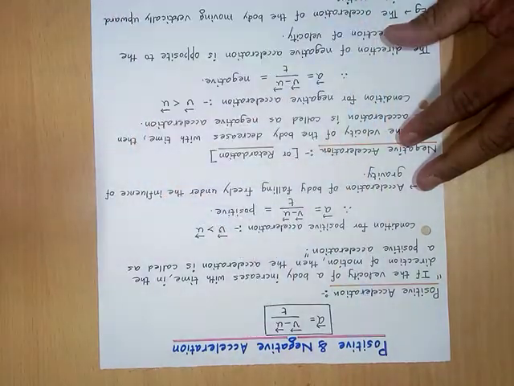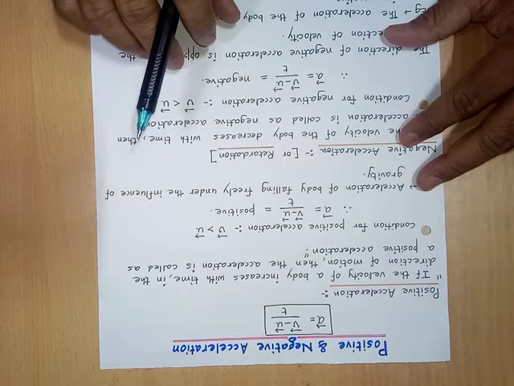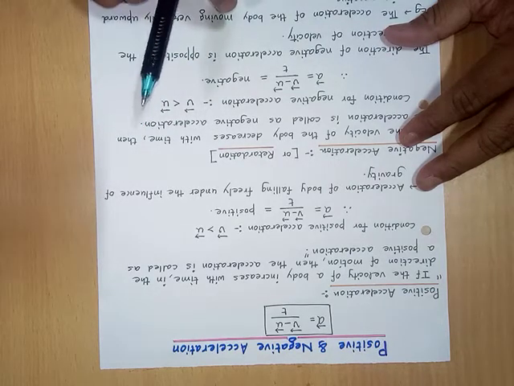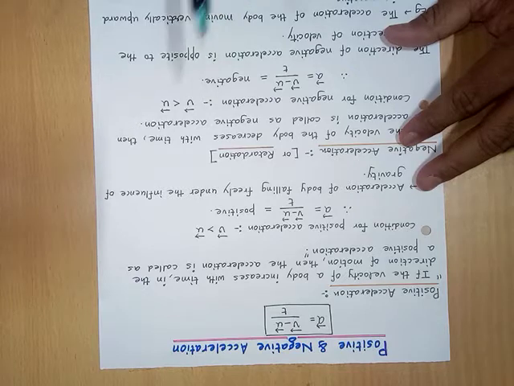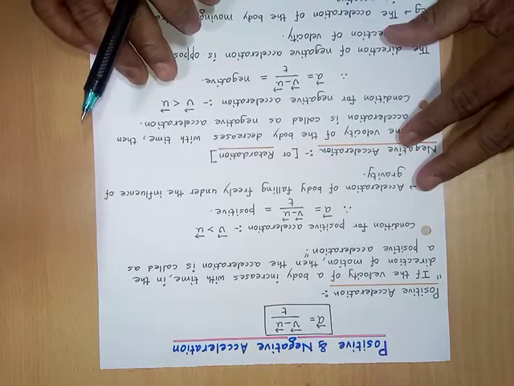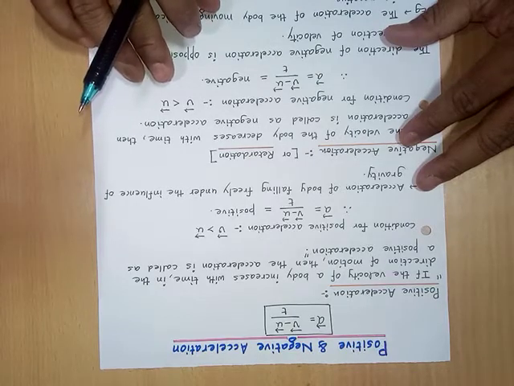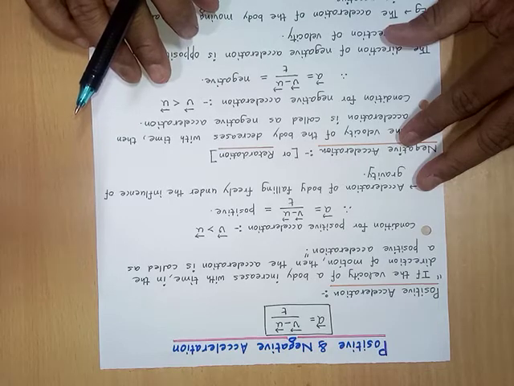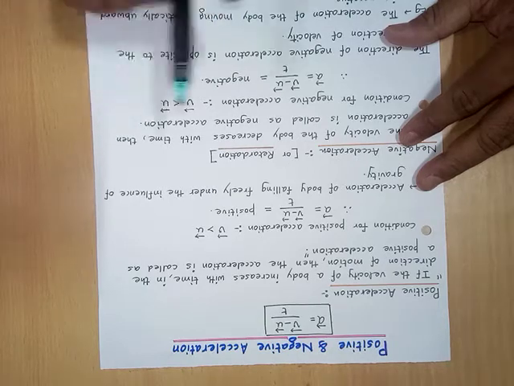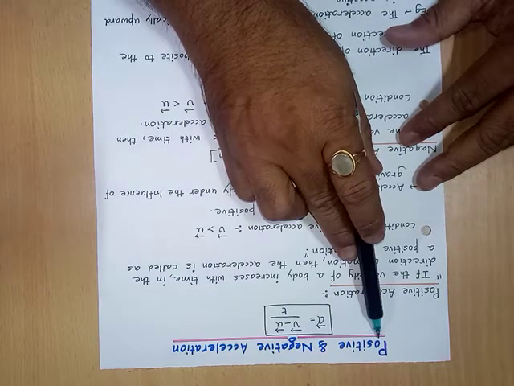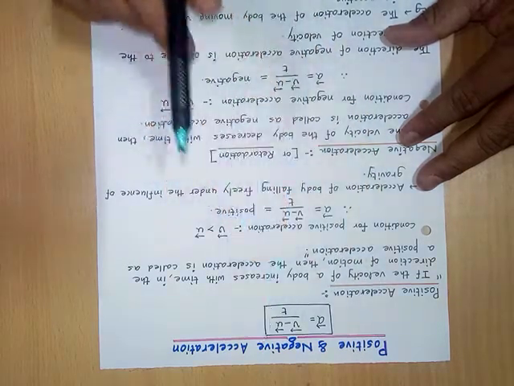The positive and negative words tell us about the direction in which the acceleration exerts on the object, and in which direction the acceleration of the object during the motion is performed. That is understood with the help of positive and negative acceleration.